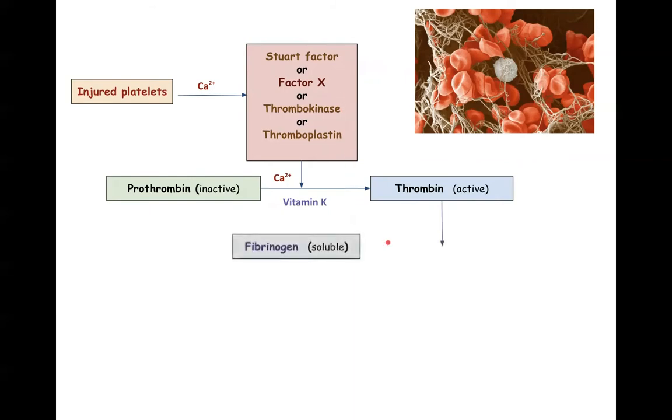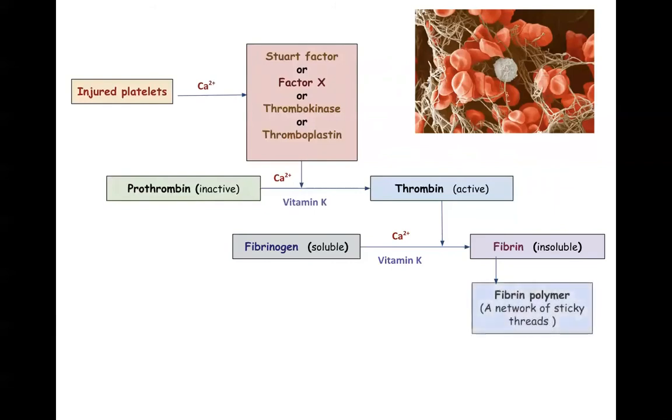Now, once thrombin has been formed, it will change the soluble protein fibrinogen into the insoluble fibrin. Again, this synthesis requires the presence of calcium ions and vitamin K. Once insoluble fibrin has been formed, it will form a network or a mesh by having interconnected fibrin fibers. We call it a fibrin polymer.